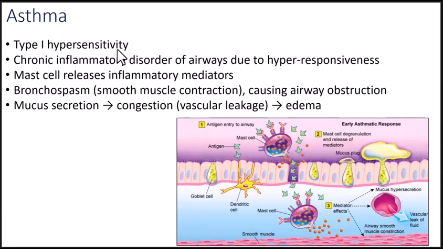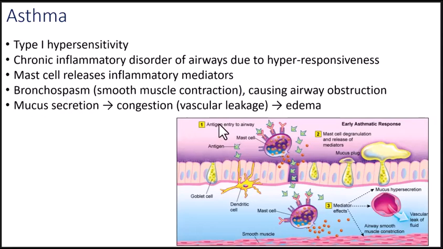Asthma is a type 1 hypersensitivity, as you might recall from last term. It's a chronic inflammatory disorder of the bronchial mucosa that lines the airways, and it causes this bronchial hyperresponsiveness. And the bronchial hyperresponsiveness is going to include bronchospasm and mucus secretion. And mast cells play a big role in this.